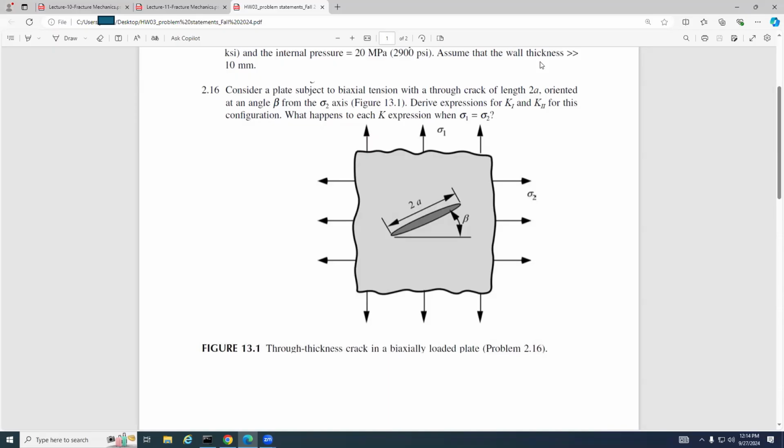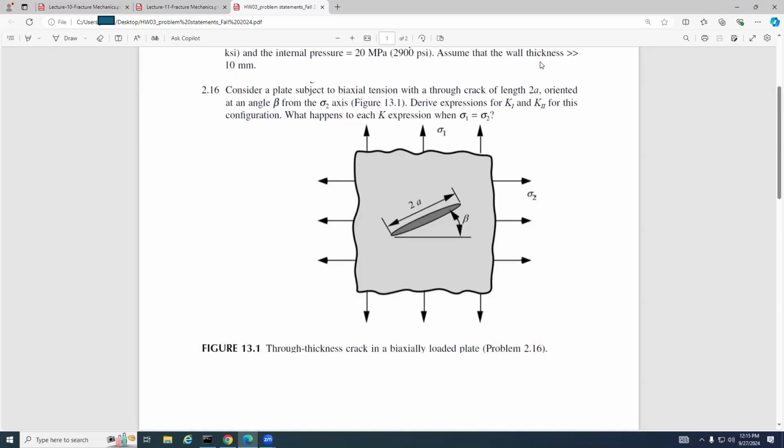So this is the contribution from sigma 1, plus sigma 2 cosine of 90 degrees plus beta, because this is the angle here, and square root of pi a. So this is the contribution from sigma 2. Right? You understand, guys? So this term is because of sigma 1, and this term is because of sigma 2. These two combined give us the total K1.